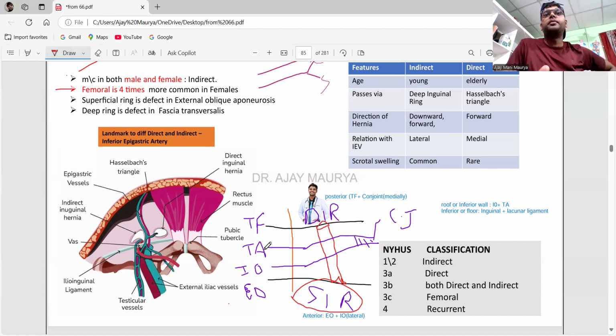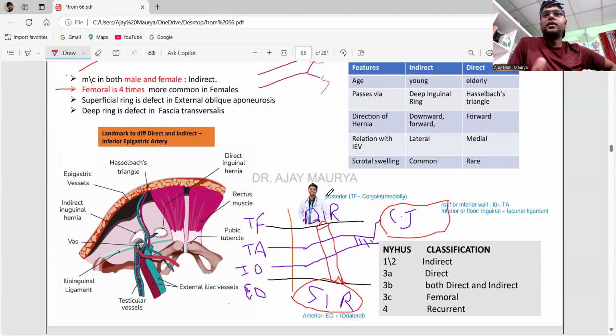Transversus abdominis and the internal oblique muscle both combine here, and they form the conjoint tendon. One more question here: which is the anterior part? The external oblique muscle plus the internal oblique muscle.